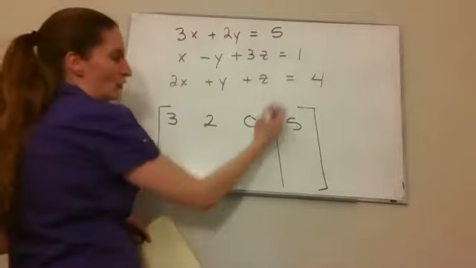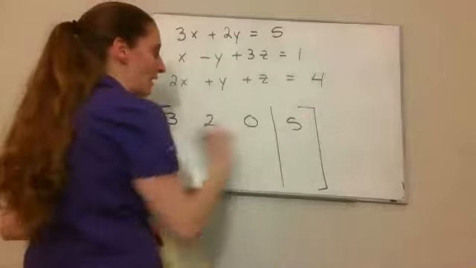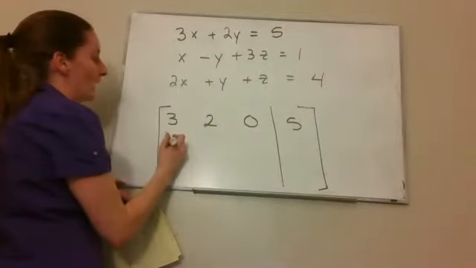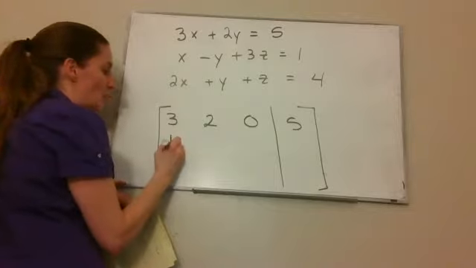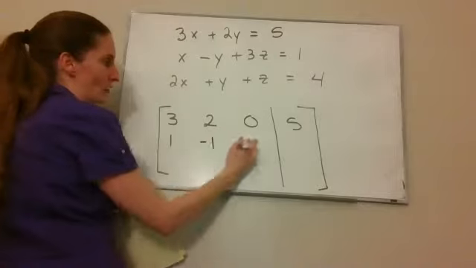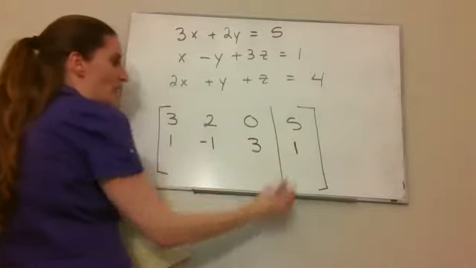So we put a vertical line right here to represent where the equals is, and so the right-hand side goes over on that side. I have my next equation, my coefficient of x is 1, for y I have negative 1, for z I have 3, and my constant is 1.